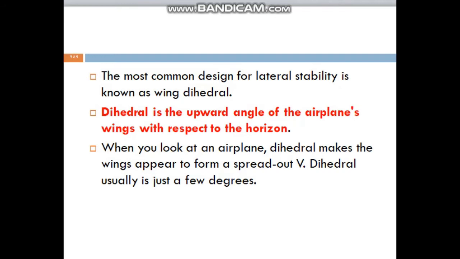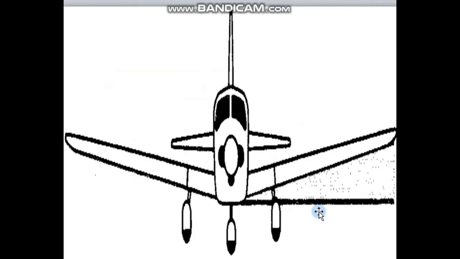When you look at an airplane, a dihedral makes the wings appear to form a spread out V. Dihedral usually is just a few degrees, as we see in this figure. Here we have the dihedral. This is the dihedral angle of the aircraft.